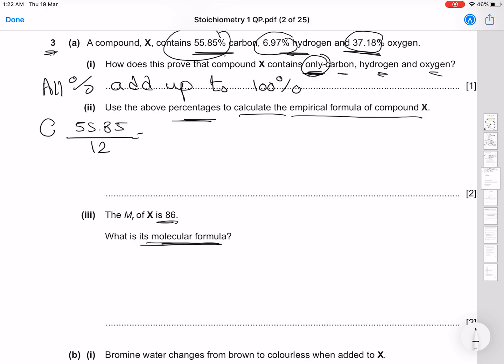Let me do the calculation, give me a second. 55.85 divided by 12 is 4.65. Let's do the calculation for the hydrogen.